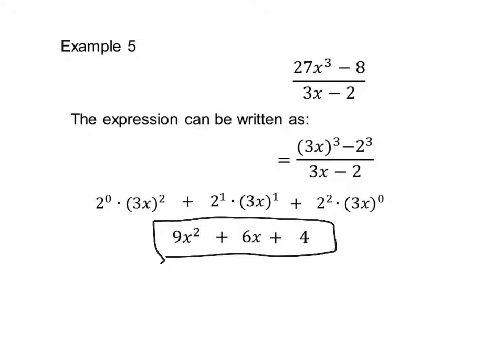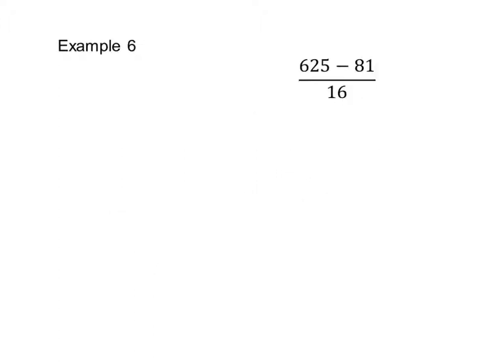Here it is, example 6. Now we don't have x or a, we have pure numbers. So this is like x to the power of something minus a to the power of something, and we have to break this 16 up to look like x minus a.